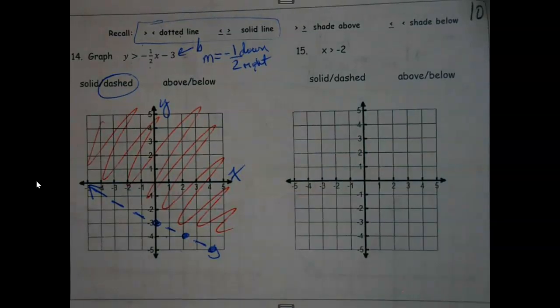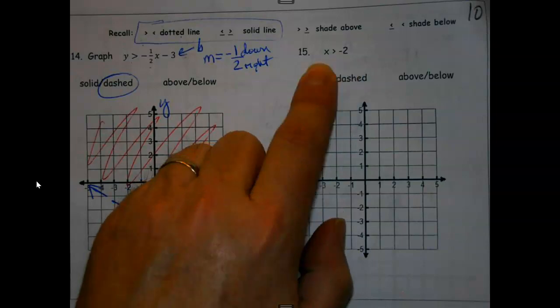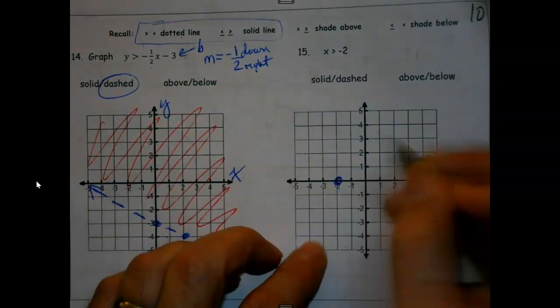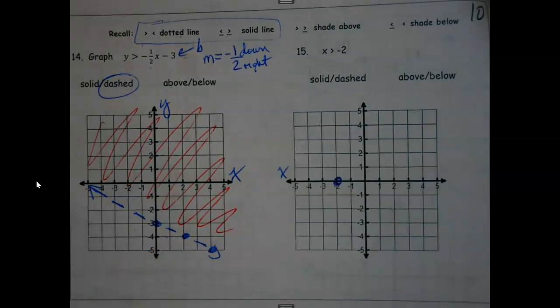And we're set. But of course, I got to throw one twist in. X, wait a minute, there's no y. X is greater than negative 2. You're like, okay, well, x is negative 2 goes right there. So, quick question. X equals for an equation, is that line going to be up and down or side to side? Up and down.